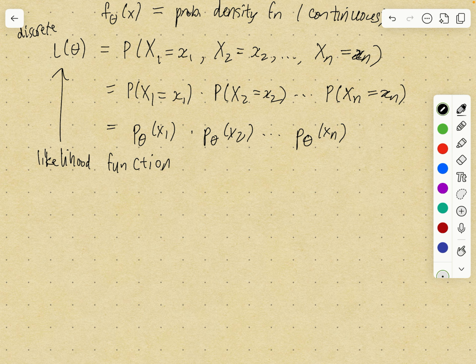Okay, so now we have the continuous case. Now the continuous case is going to be different because you have a continuous random variable, and the probability that capital X1 is little x1 is 0, right? So it can't be this.